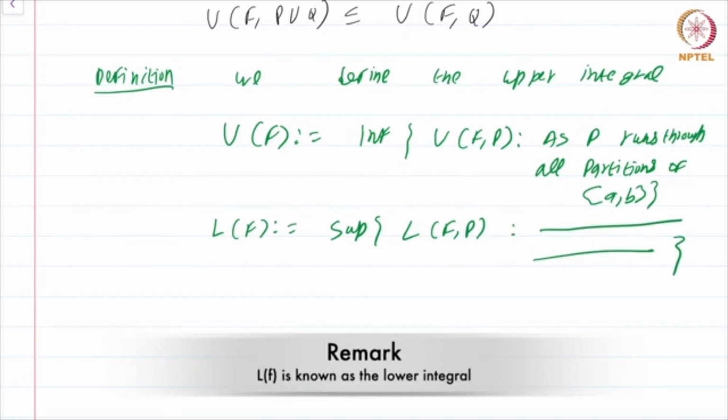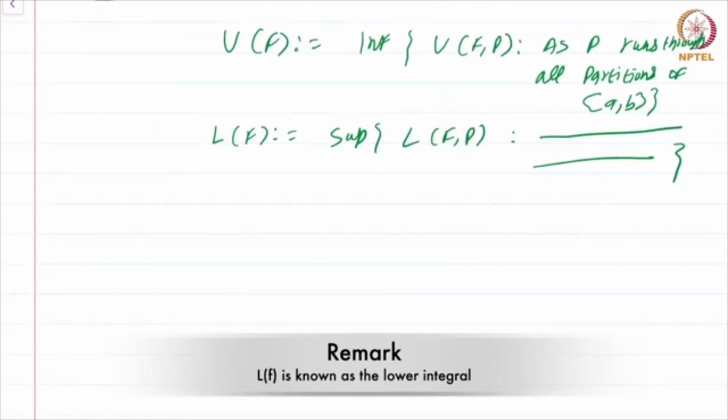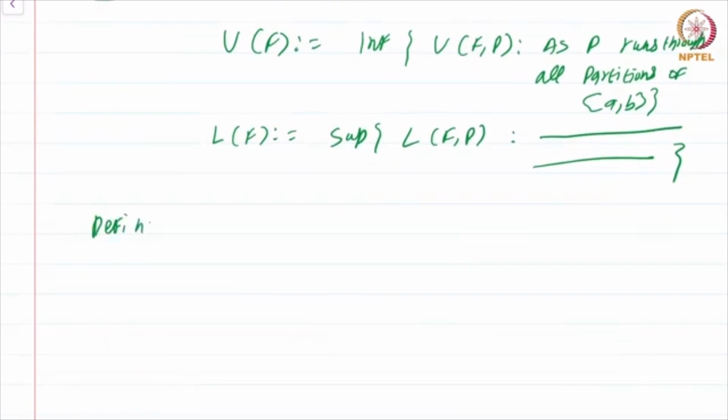Okay. Now, when do you say the function f is integrable? Well, let's highlight it as another definition.